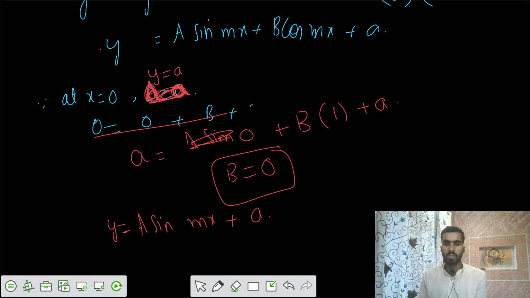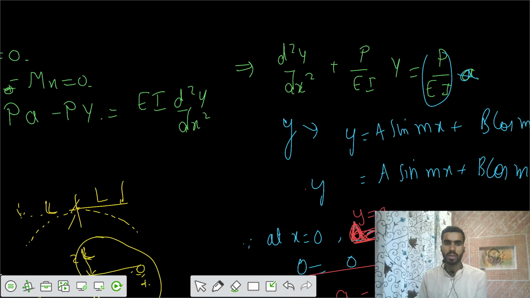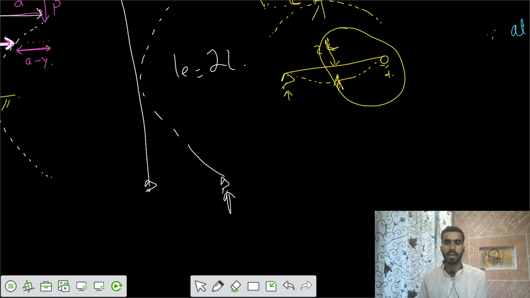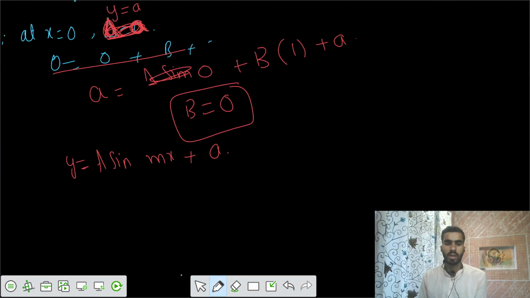Now one more condition is possible. If I go to x equals L, theta is 0 here. So dy by dx equals theta, that is A m cos mx.